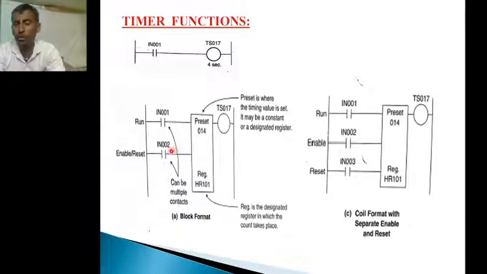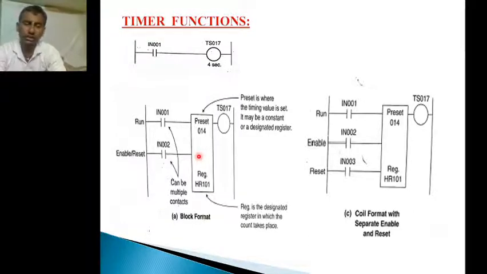If there is no enable input and the power is on again, then the timer resets to 0. That means 6 seconds of work was already completed, and from 0 it will again run another 14 seconds. So 14 seconds plus 6 seconds, totally we may use 20 seconds. That may be problematic for that particular operation.